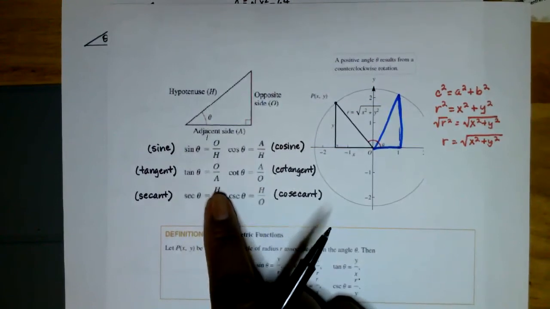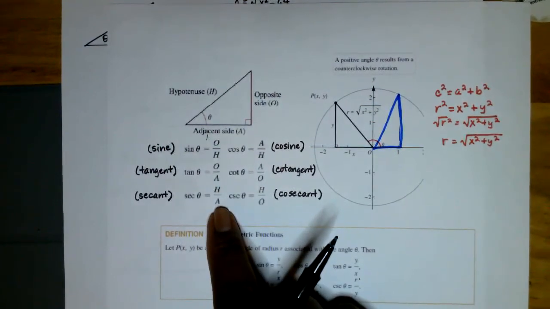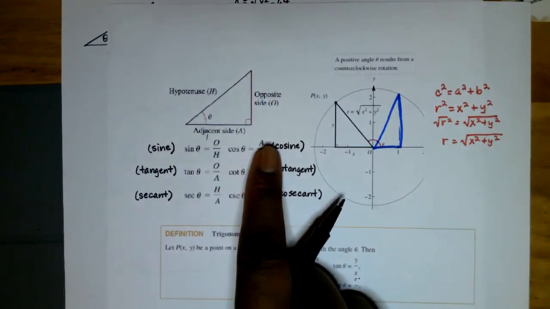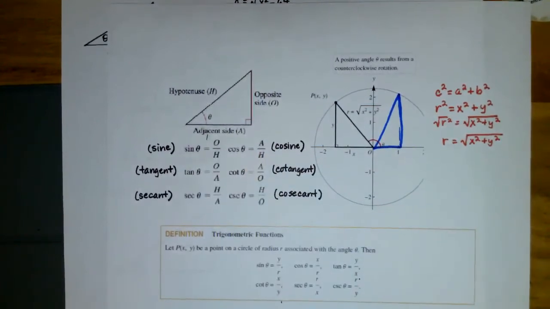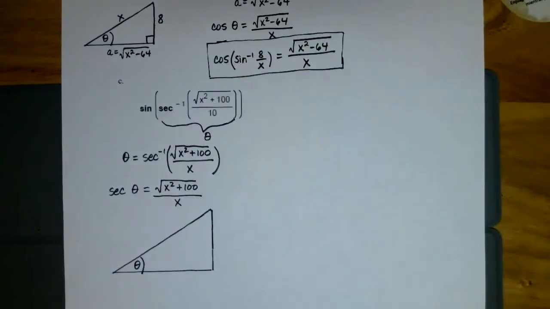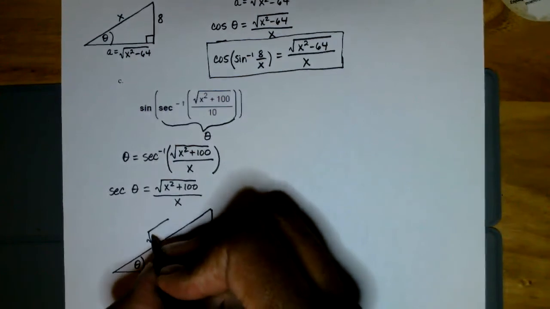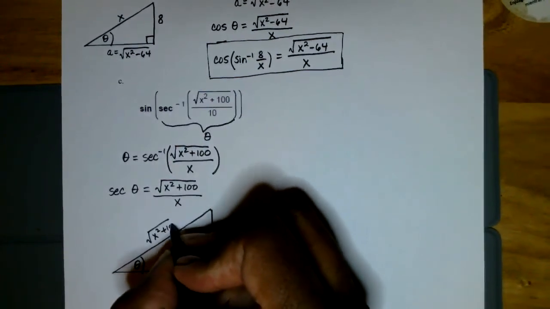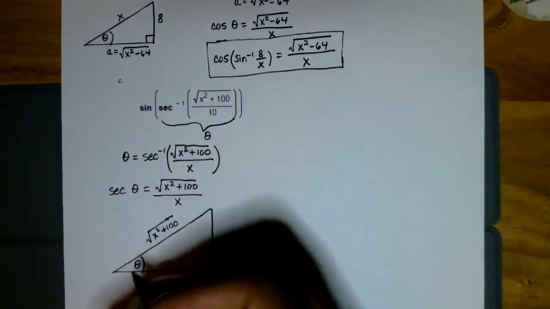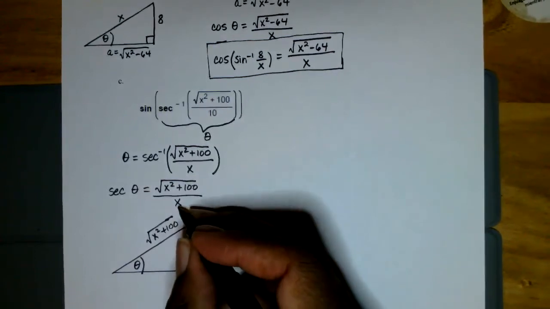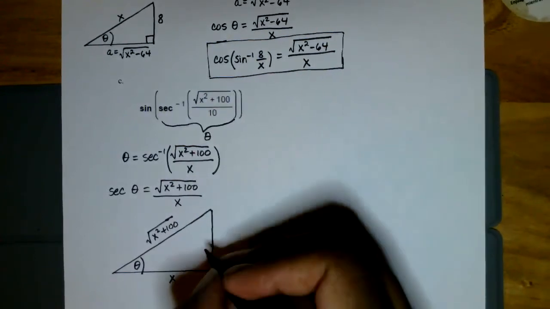So secant of theta is the hypotenuse over the adjacent side, since the cosine is the adjacent side over the hypotenuse. So the hypotenuse is our numerator this time. That's the square root of x squared plus 100. The adjacent side is our denominator, that's the x.